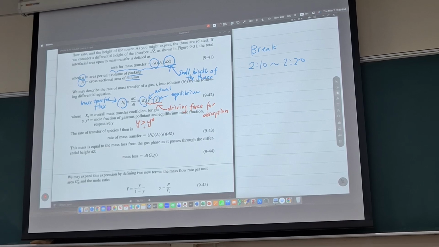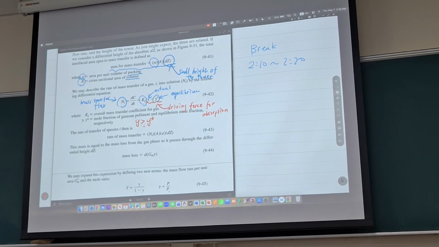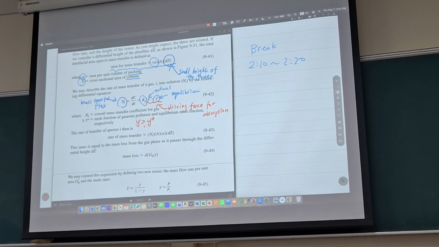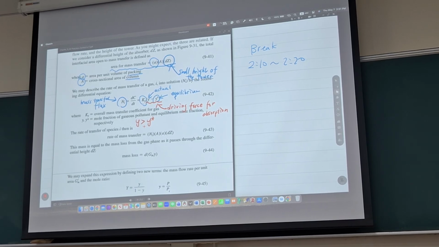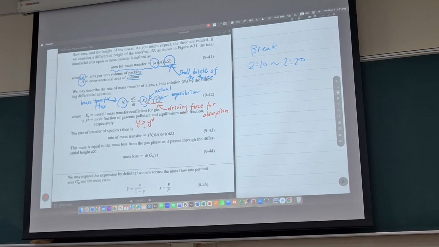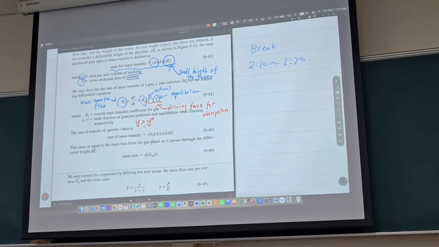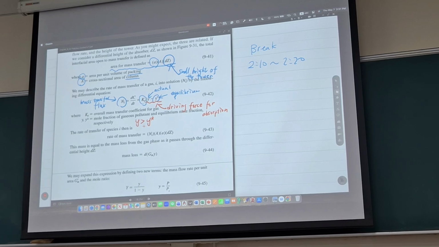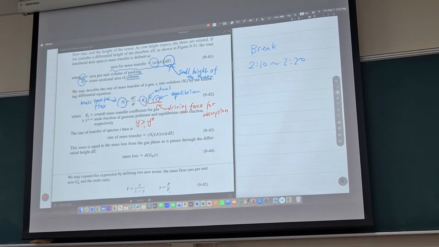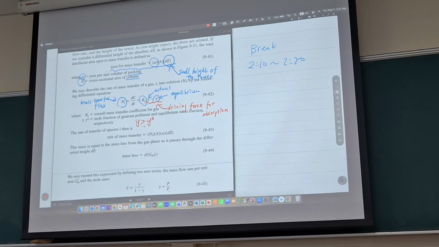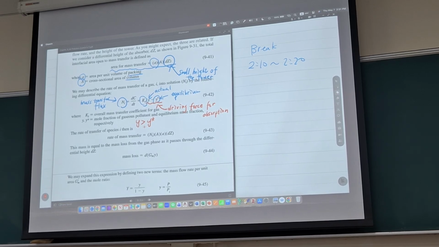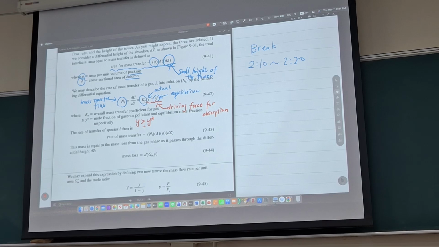In this case, Y should be larger than Y star. Okay, if Y is pretty much close to Y star, that means the driving force is very weak. The driving force for this absorption is very weak if Y is close to Y star. All right?